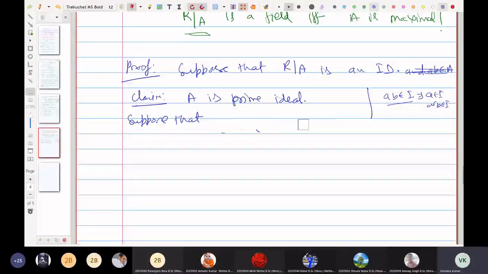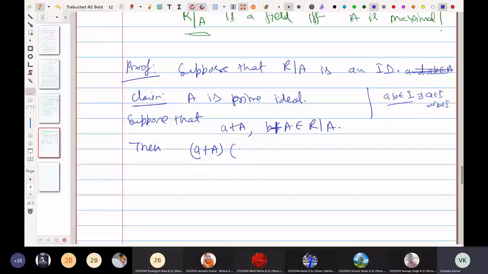Let me write it like this: a + A and b + A belong to R/A. Then we take the product of a + A and b + A. By definition, this is going to be ab + A.